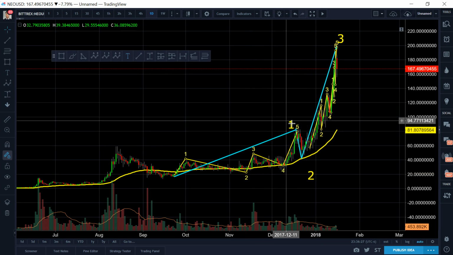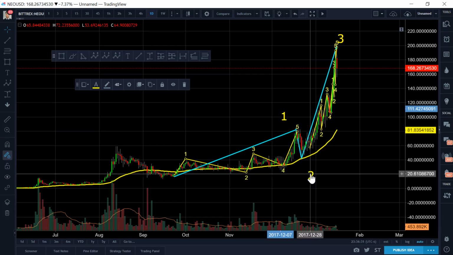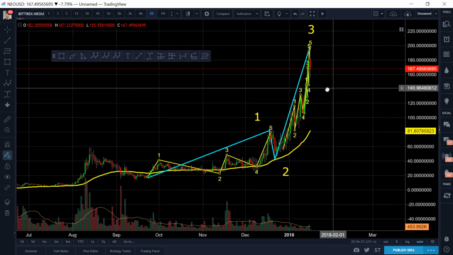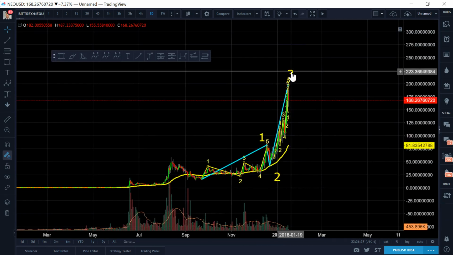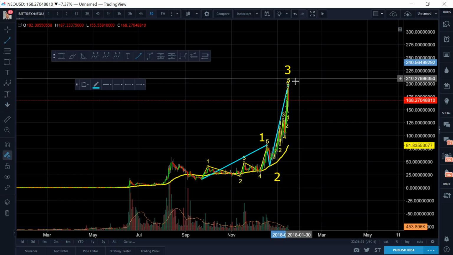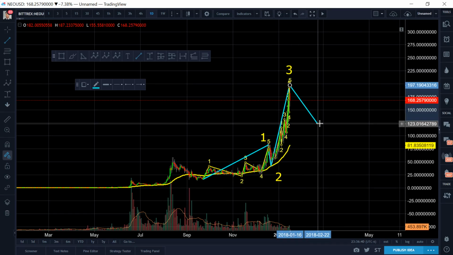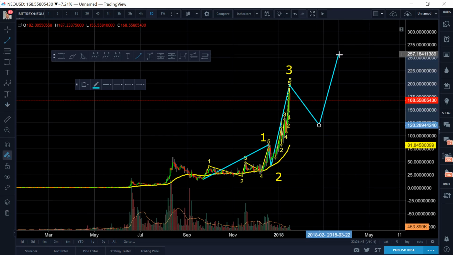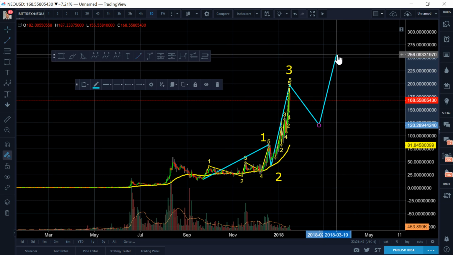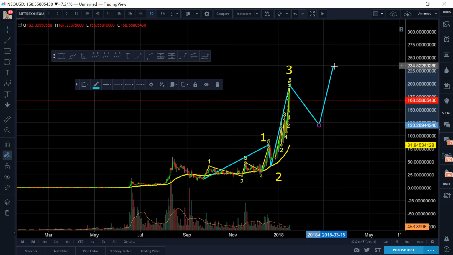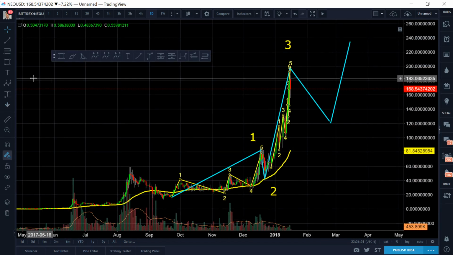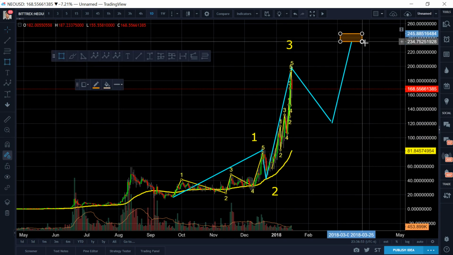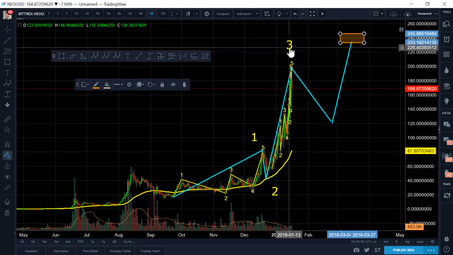Well, now we ask ourselves, where's the wave 4? There's got to be a wave 4 correction, and then a wave 5 up somewhere still, right? Something like that. Okay, now we're going to keep this in mind. I'm just going to draw a box there, just as an example.